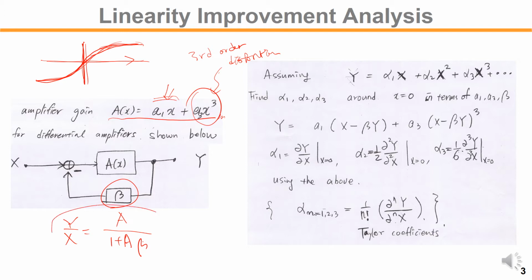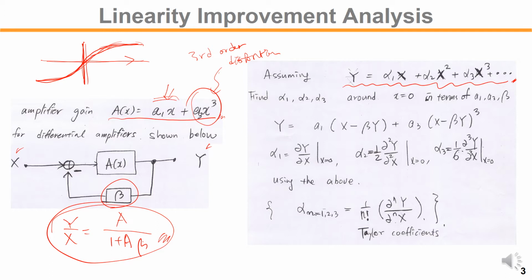This kind of equation will be nonlinear, we know that. So we can represent the nonlinear input and output relationship y and x of the closed loop system like this: alpha 1 x plus alpha 2 x squared plus alpha 3 times x cubed plus so on.